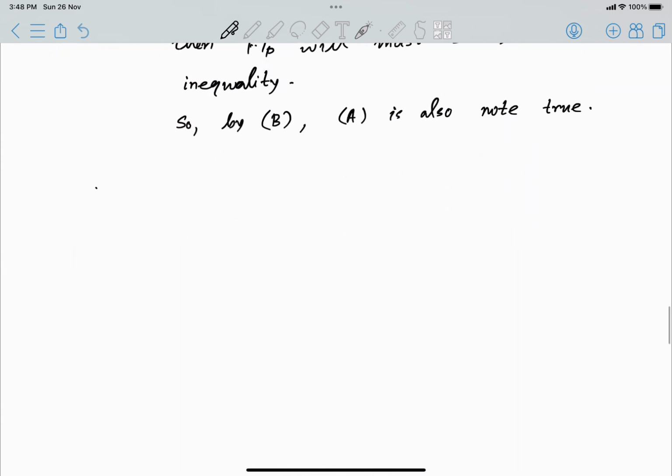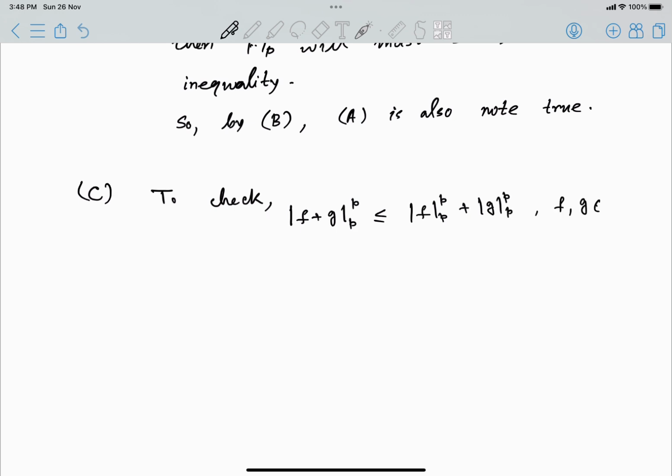So let's check option C. To check for f and g next, we'll satisfy this is true. So first we will prove this one result.